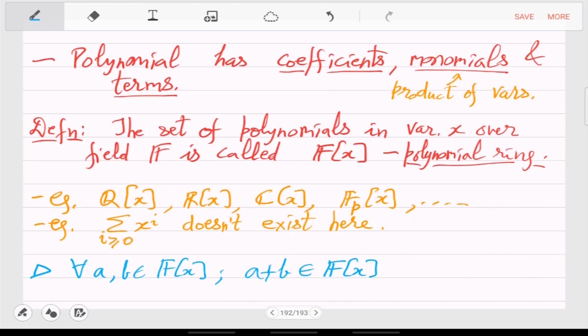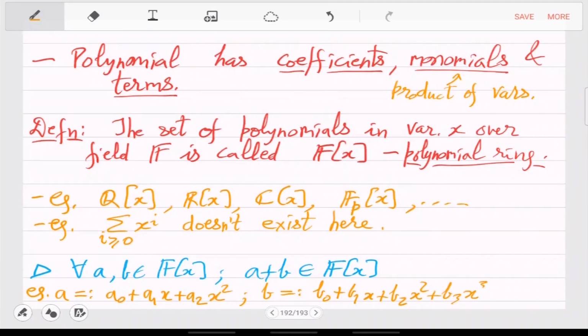You basically, okay, this needs more writing. So A, if you think of A as A0 plus A1x plus A2x square, and B as B0 plus B1x plus B2x square and maybe B3x cube, where the Ai's and Bi's are field elements.